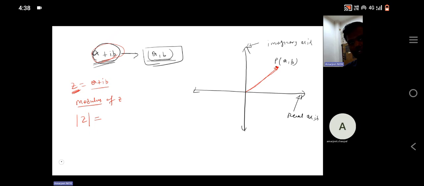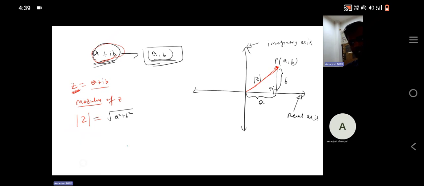Suppose you are projecting a perpendicular from this point to the x-axis or real axis, then this length will be a and this length will be b, and this is 90 degree. So by Pythagoras theorem, you can say that mod of z, that is modulus of z, is equal to root over a square plus b square.